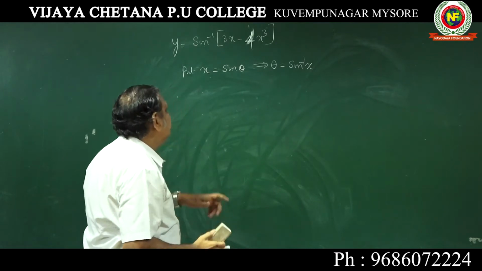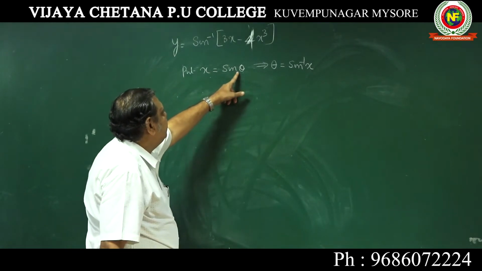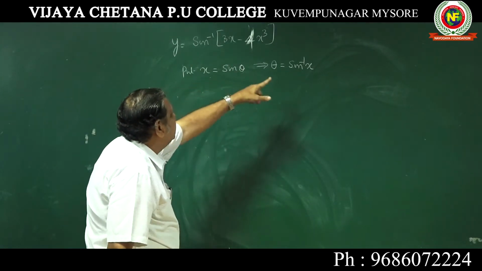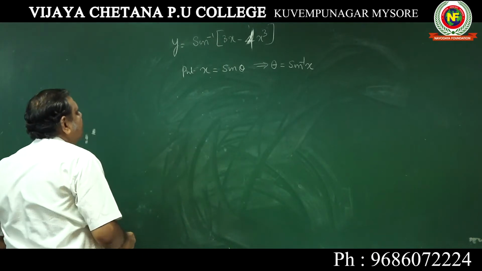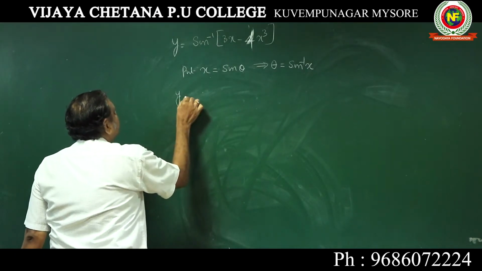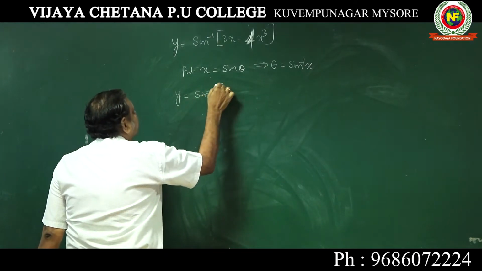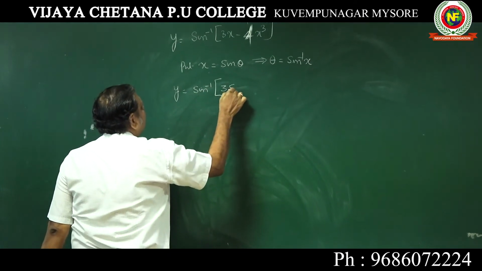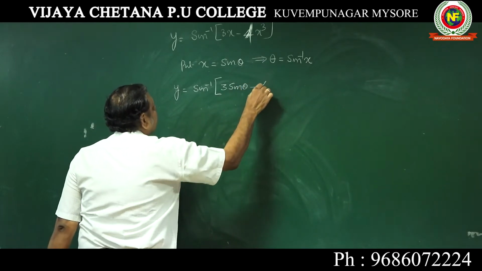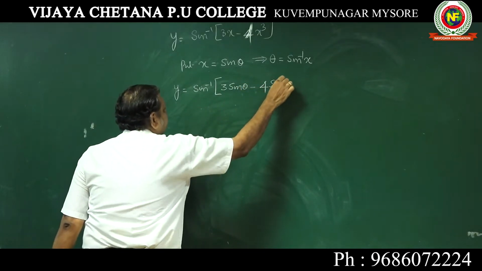Now y is equal to sin inverse of 3 sin theta minus 4 sin cube theta.